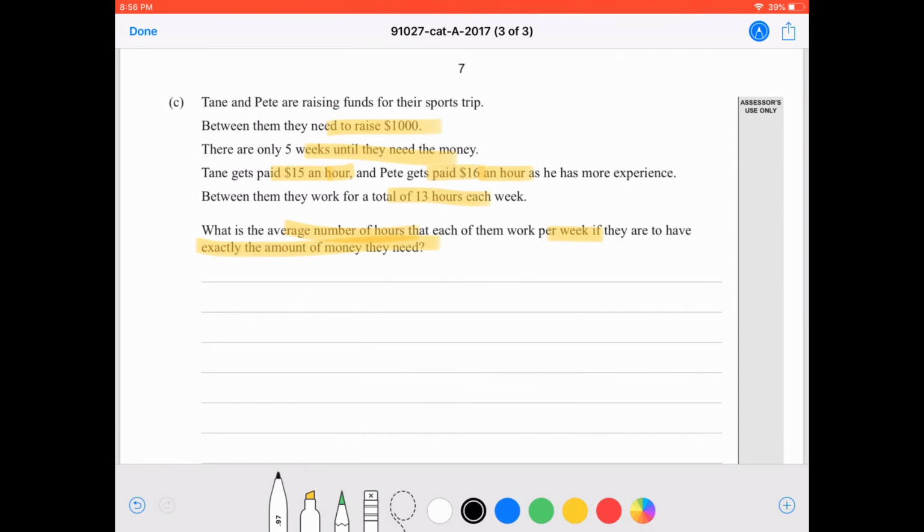So again, it's one of these wordy questions where we need to form some equations. First thing we're going to do is use a key. We're going to say T for Tane and P for Pete.